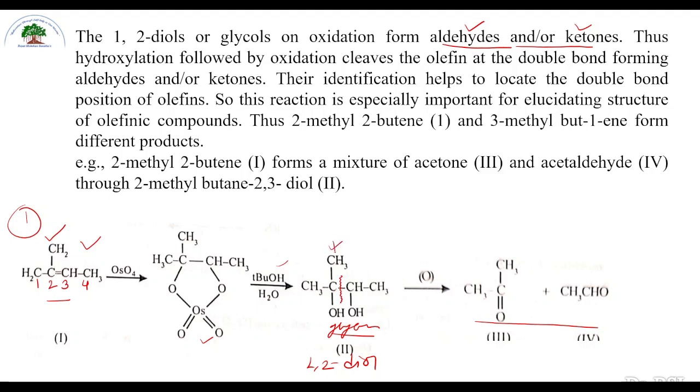As here two alkyl groups, this one is R, this one is R, then we get R-C=O-R. So here we obtained acetone, and here only one alkyl group is attached to the carbon of hydroxy group, so here aldehyde, CH3-C=O.